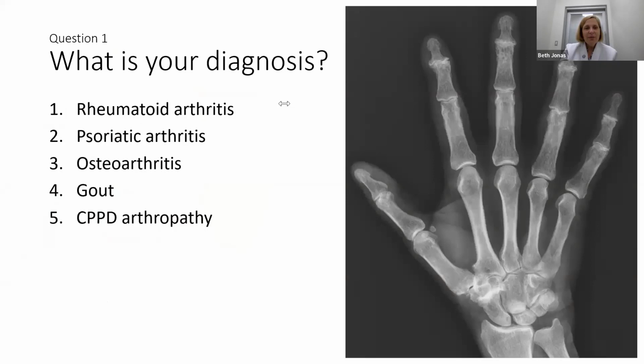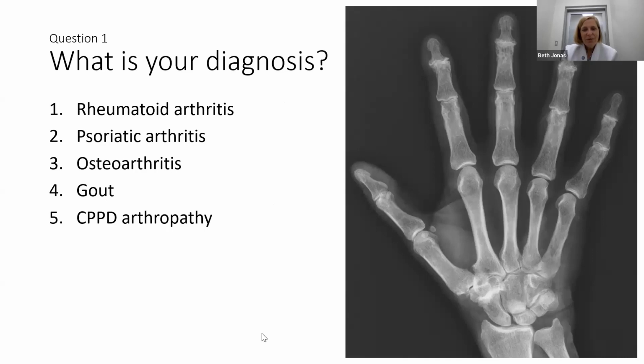So the question here is, what is your diagnosis? Is this rheumatoid arthritis? Is this psoriatic arthritis? Is this osteoarthritis? Is it gout, or is it CPPD arthropathy? Very good.